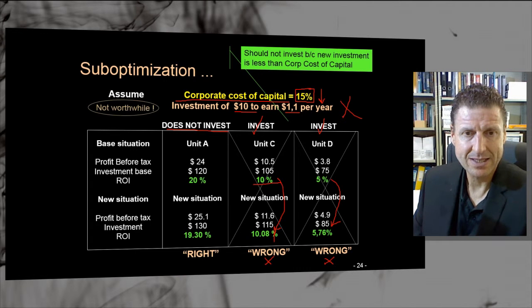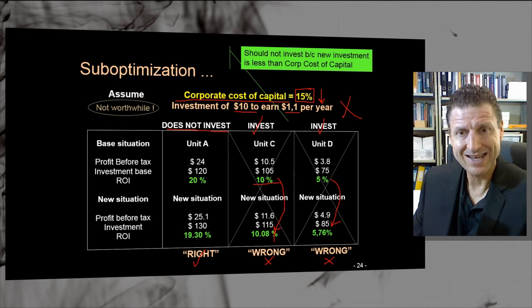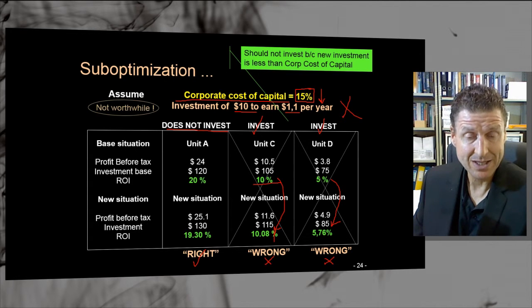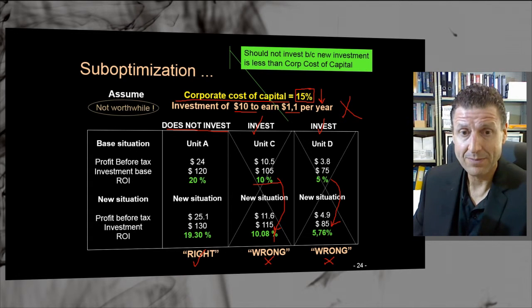And you can see that A makes a good decision here, that's right, but previously they still did not invest. Even when the corporate cost of capital was 10%, they were wrong. They still did not invest. They were wrong. Now they are right, because now the corporate cost of capital is 15%.